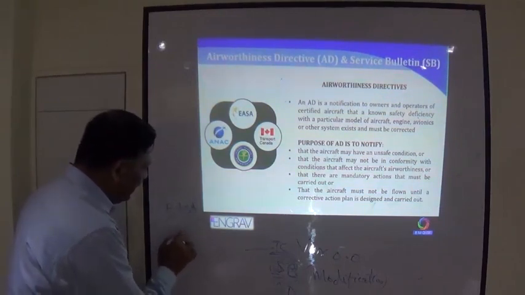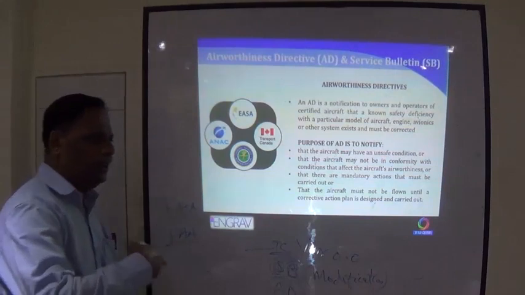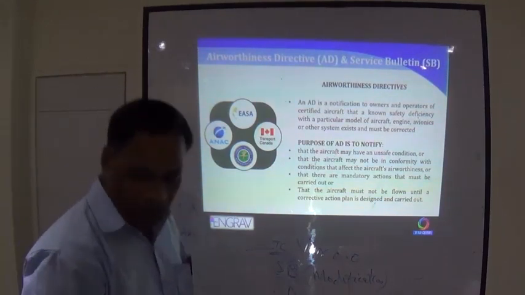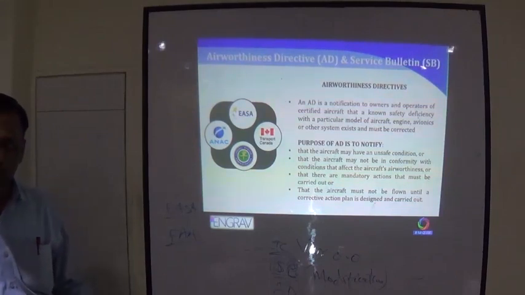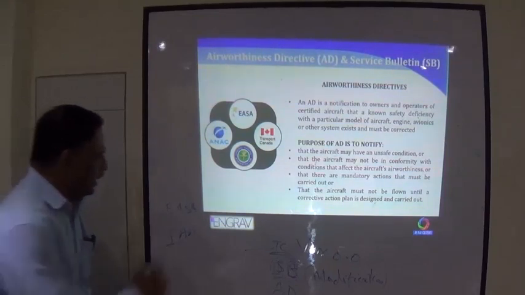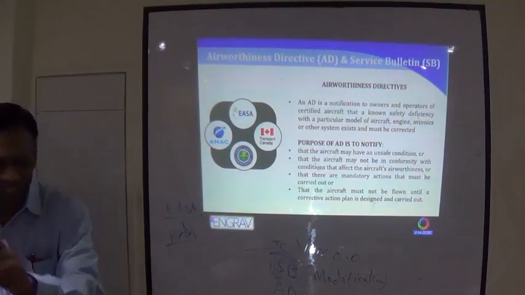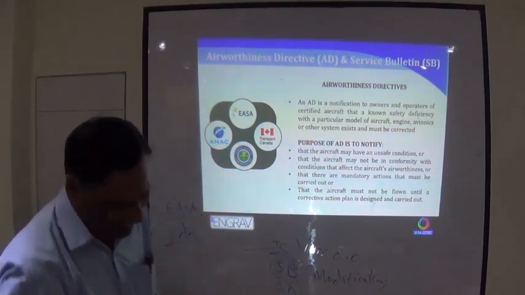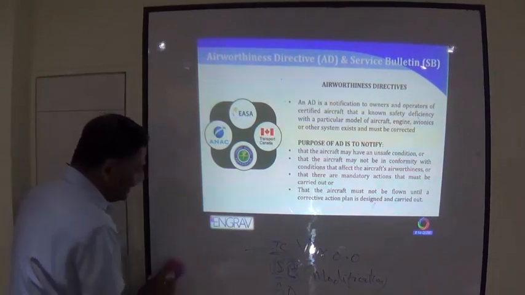Sometimes the FAA may also decide to issue an AD for their aircraft. For all US registered aircraft, the airworthiness directives have to be complied with. DGCA, any AD issued by EASA and FAA, they will issue by default as a corresponding AD. So this AD is a very dangerous thing.